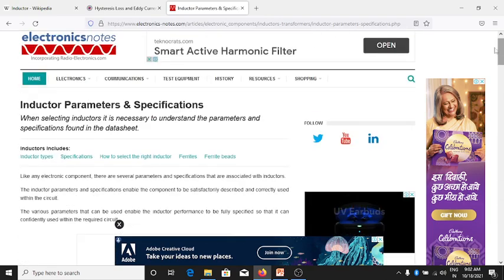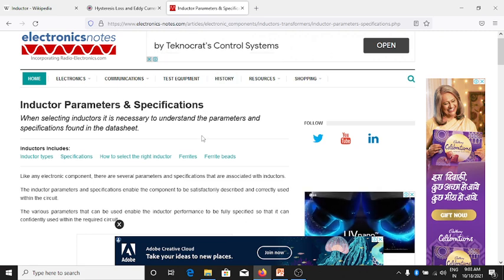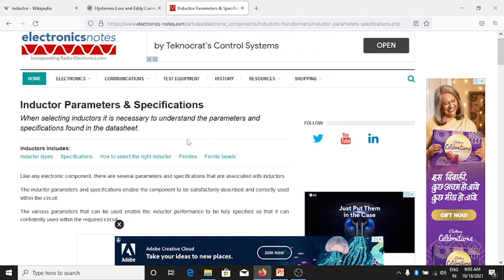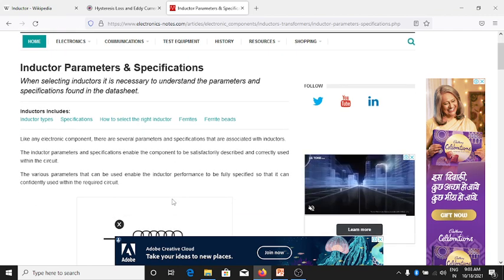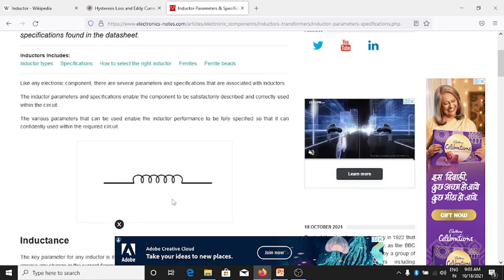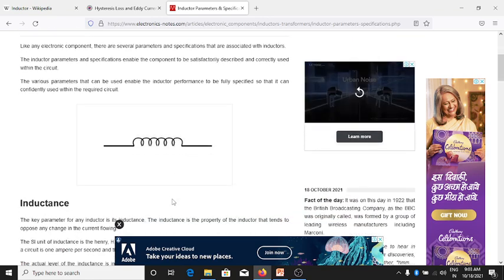Now, the last part is inductor parameters and specifications. When selecting an inductor, it is necessary to understand the parameters and specifications found in the datasheet. Clear? Like any electronic component, there are several parameters and specifications that are associated with inductors.